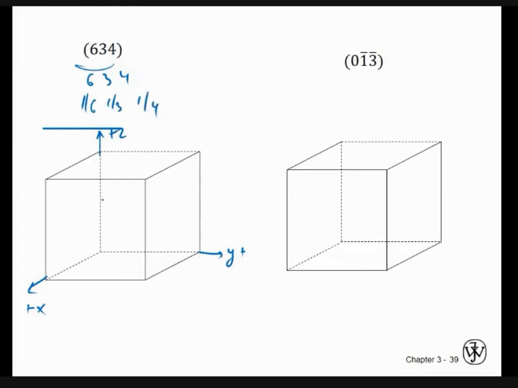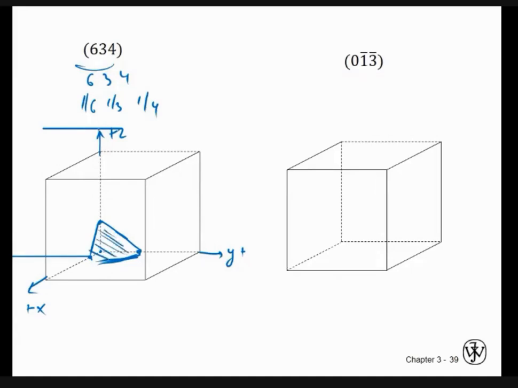Now it's time for drawing. For x all are positive, it is 0, 1/6. Let's say it is the 1/6 part. Mark the spot. For the y-axis, 1/3. Let's say this is 1/3. For the z-axis, 1/4. Now mark the points and connect the dots. That is the plane.